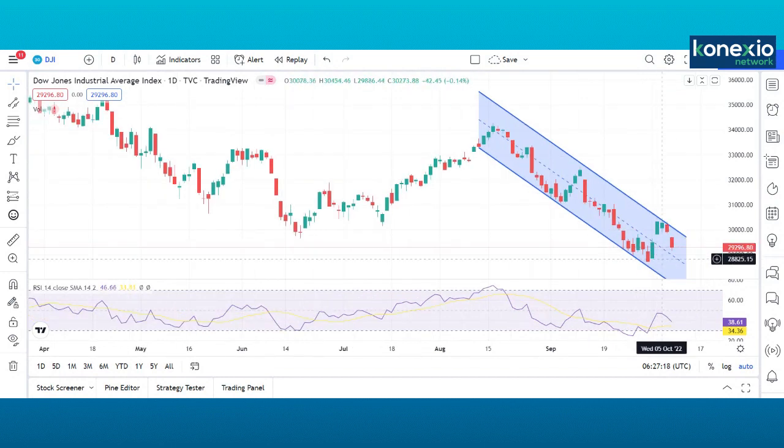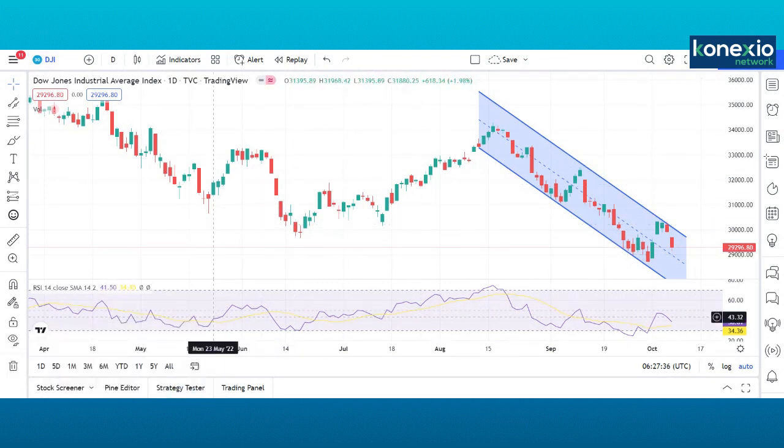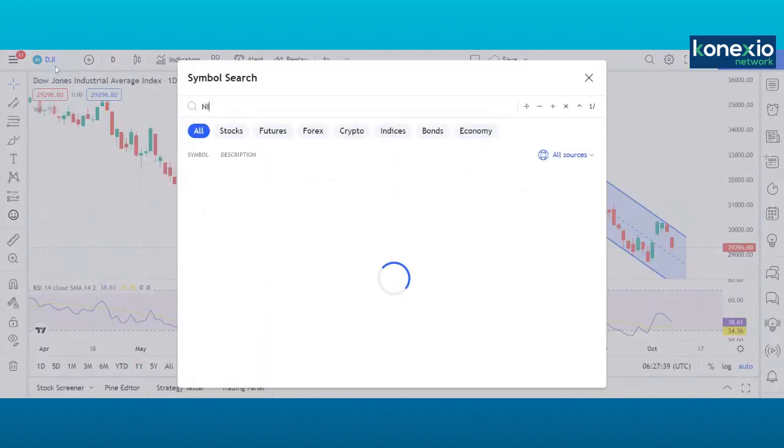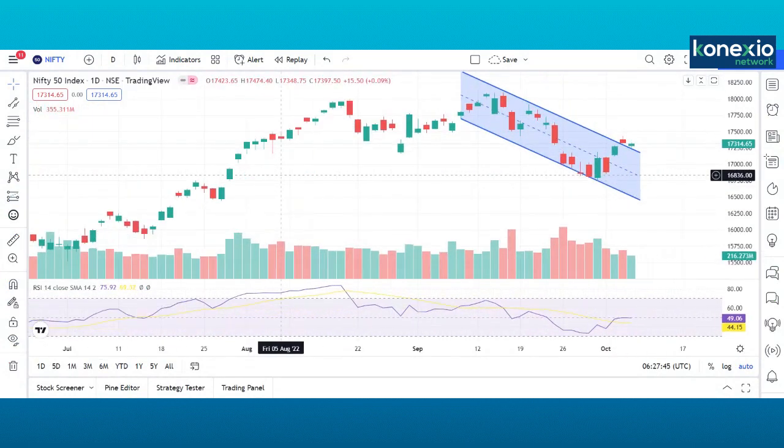So we expect some sort of consolidation at these levels, and sooner rather than later, we feel that even Dow Jones will break this particular upward resistance trend line or downward falling channel. But the reason for showing this Dow Jones chart was that on Monday, India also, Nifty, Bank Nifty might open with a negative start.